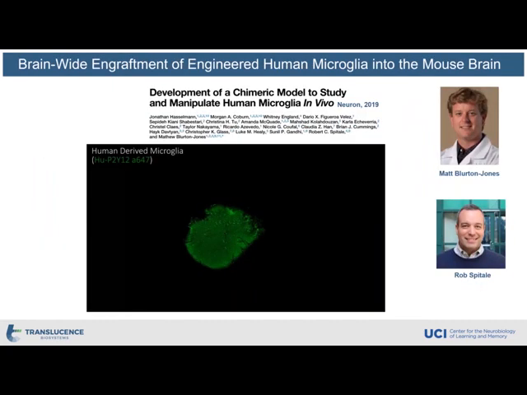Okay, and so we're using this technology not just to look at mouse microglia, but also to look at human microglia, but not in the human brain, instead human-derived, patient-derived microglia that are implanted into a chimeric model.